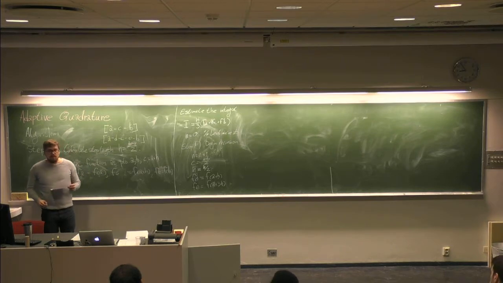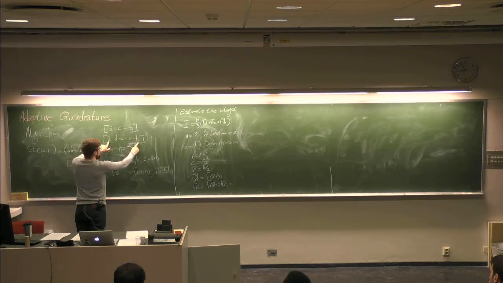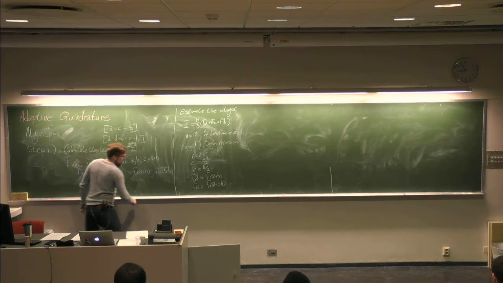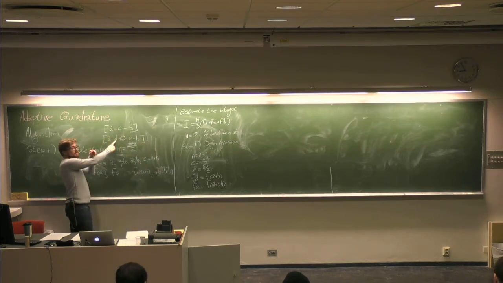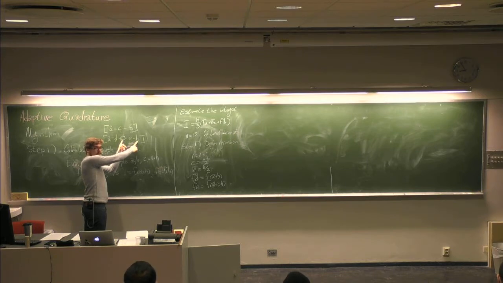I don't know the alphabet, but this is just to keep track of what we have. So the endpoints are still A and B, then C is our midpoint, and then D is the midpoint between A and C, and E is the midpoint between C and B.